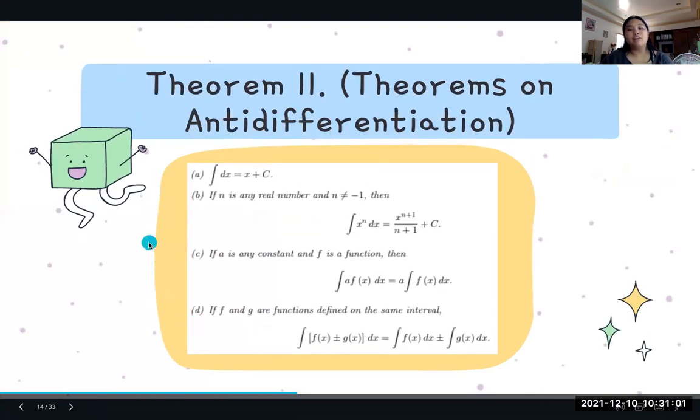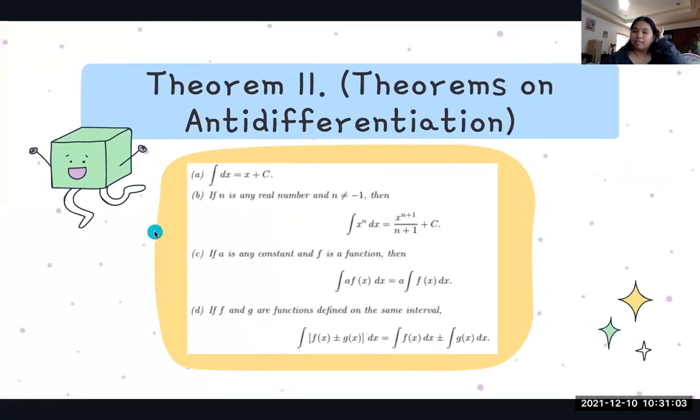Here are our main antiderivative rules. In theorem 1, we add c to any constant, unlike the derivative rule where any constant becomes 0 and is removed. Then here we have the power rule.